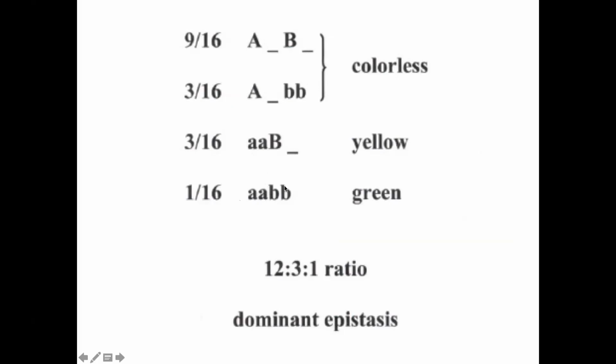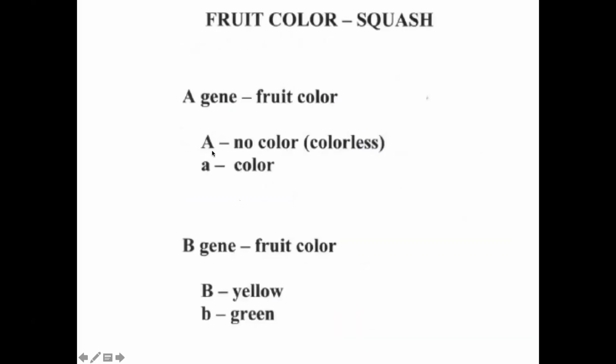So this is actually how they built their model. They said dominant A produces no color, a colorless or white fruit, and that's the allele that acts epistatically. When you're homozygous for the recessive allele, you can get color, and then color is determined by whatever allelic combination you carry at the B gene.